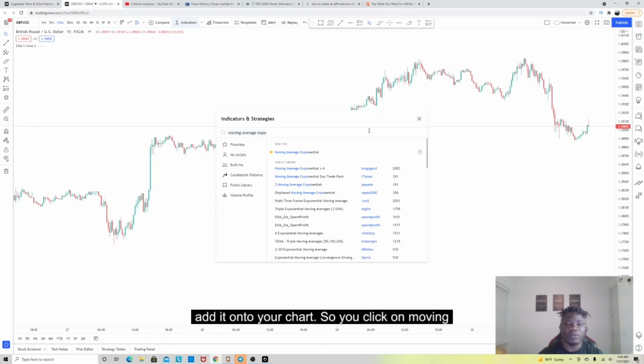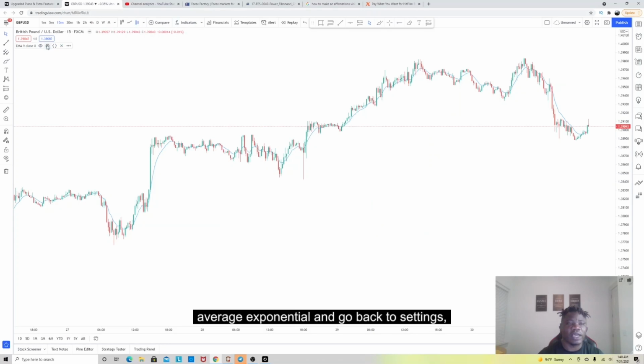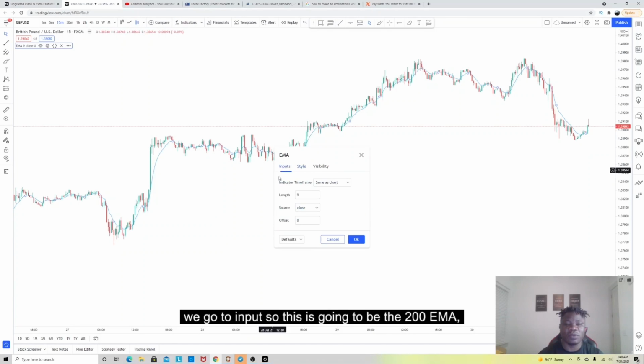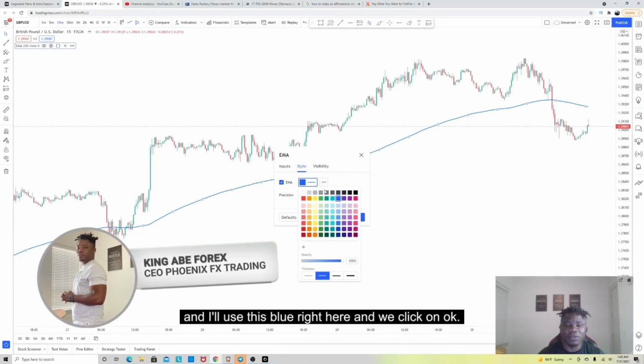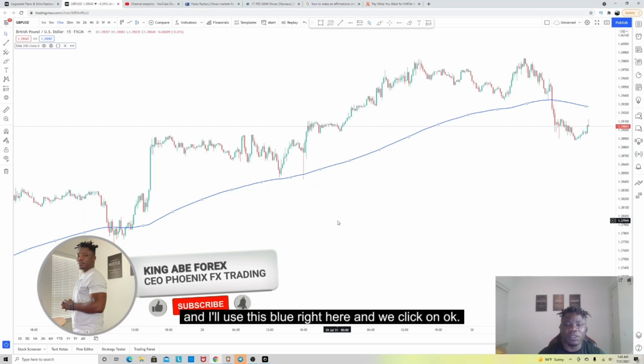Click on moving average exponential, go back to settings, and go to input. This is going to be the 200 EMA, the 200 moving average exponential. Change the length to 200, and for the style you can use whatever color you want. I'll increase the thickness, use this blue right here, and click OK.